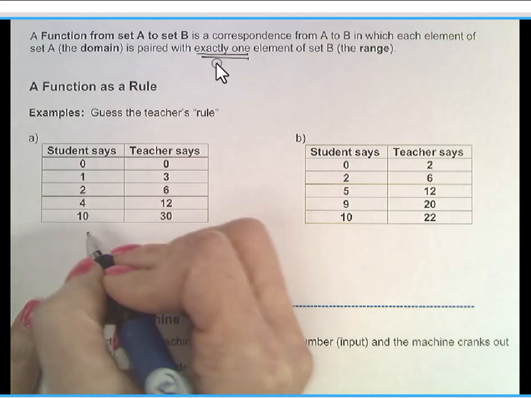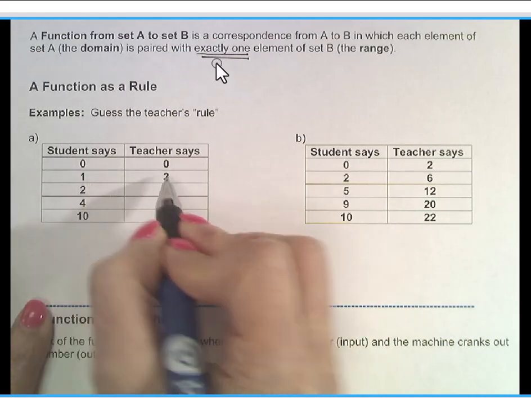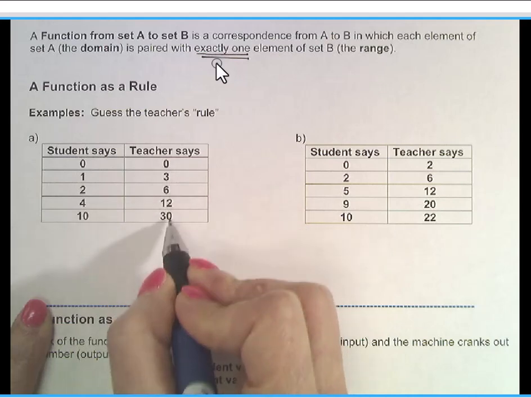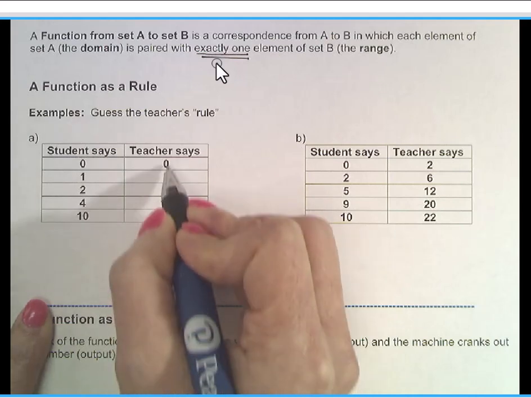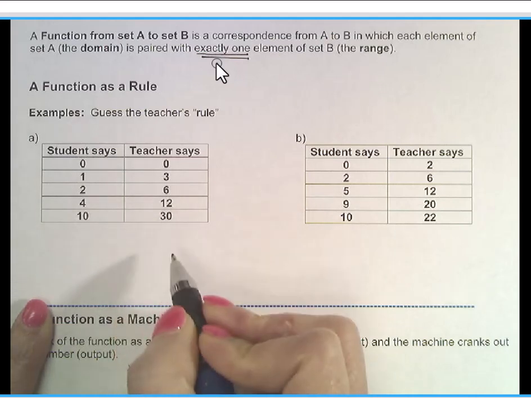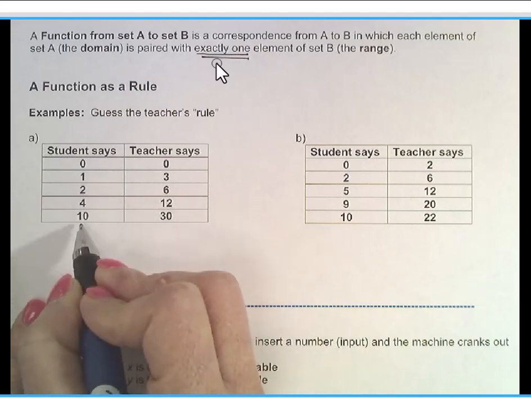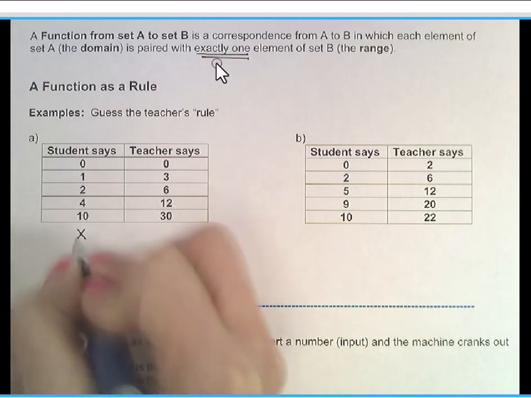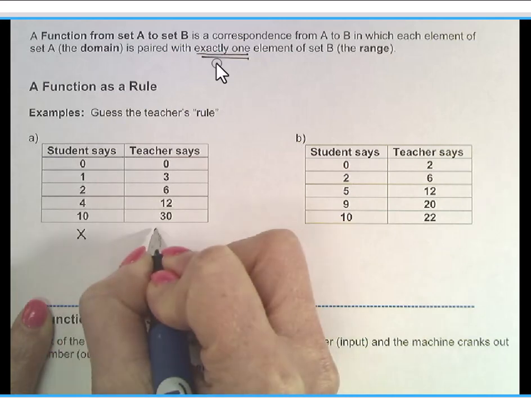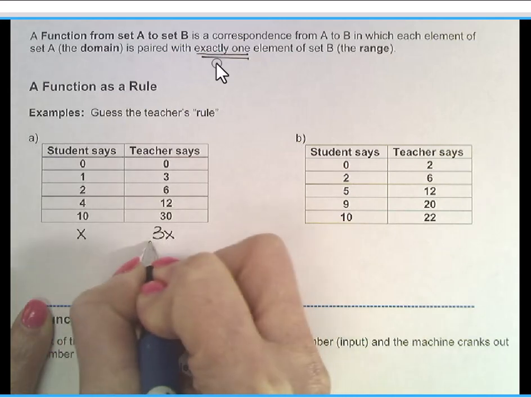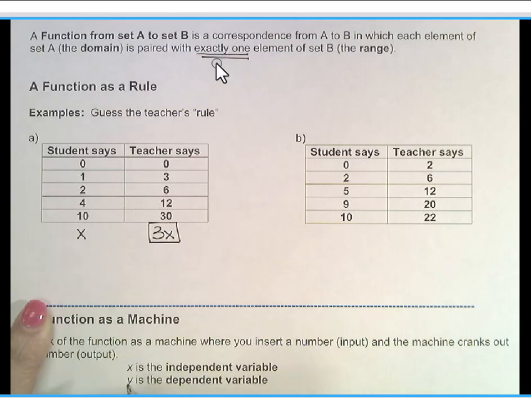So it looks like every number that the teacher gave was a multiple of 3. Do you see that? 3, 6, 12, 30. Can you see what's happening? If the student were to say x, the teacher would say 3x. Can y'all see that this is multiplied by 3?